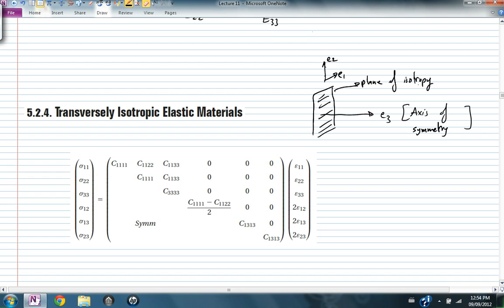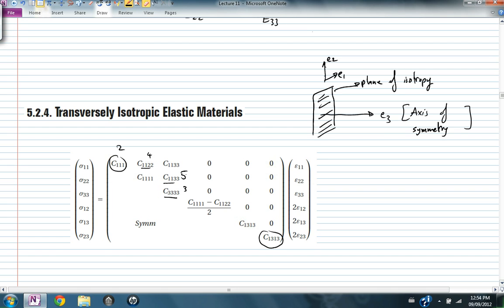When this is the case, then the relationship between the stress and the strain will be described by 5 constants. Those constants are 1, 2, 3, 4, and 5.